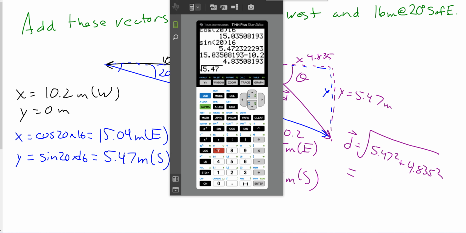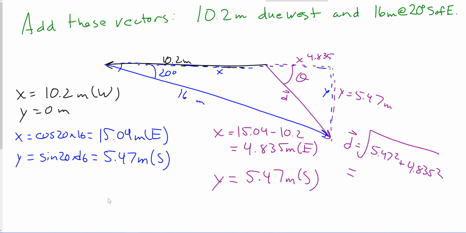Oh, sorry, I need to use the whole number. Squared plus squared, square rooted. All right, so we got 7.30 meters as the magnitude, and then I've got to find theta. For me, I'm going to use tan inverse of the opposite side, which the way I drew it is y. So 5.47 divided by 4.835.